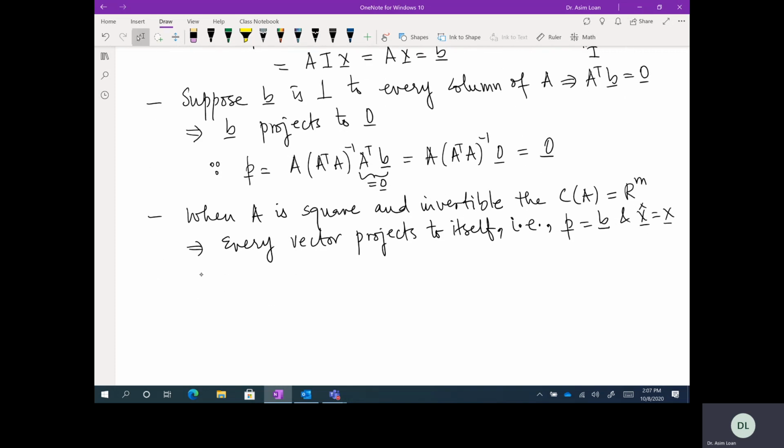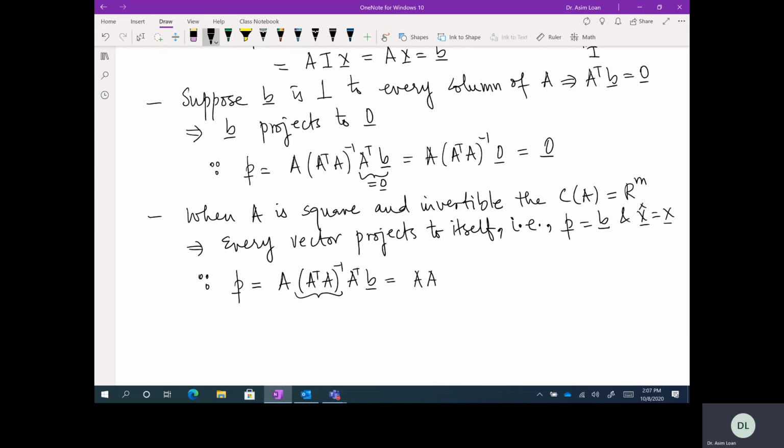So let's see. Why? Because P equals A into (A transpose A) whole inverse into A transpose B, which is equal to, I can expand this one because the inverse exists.